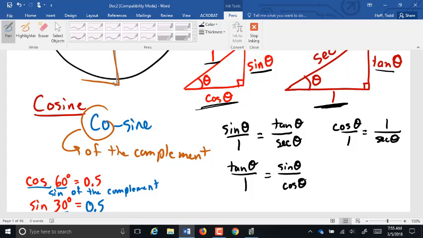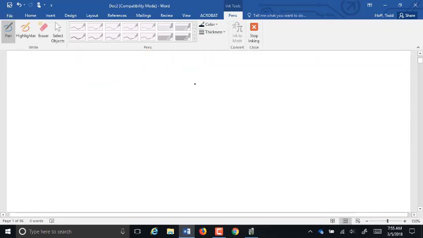Well, how do we find any of those functions? Let's scroll down and take a look. So we have a right triangle. Here's our angle theta.